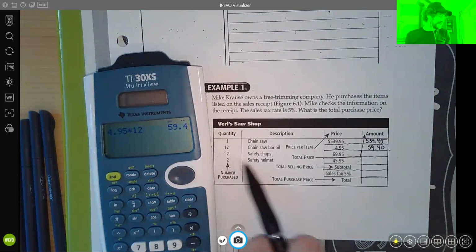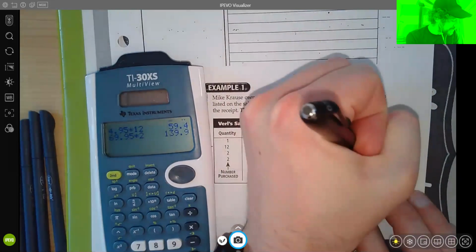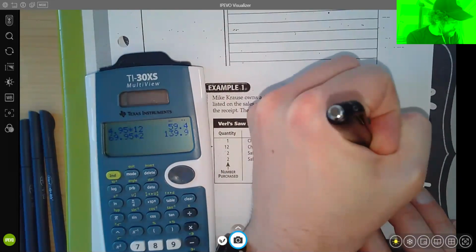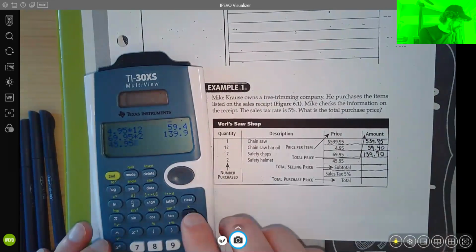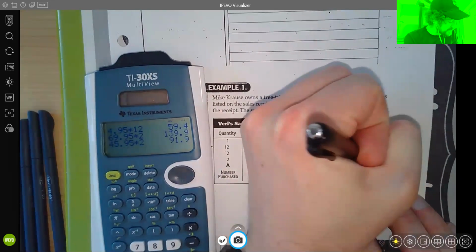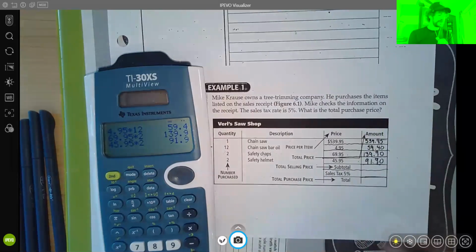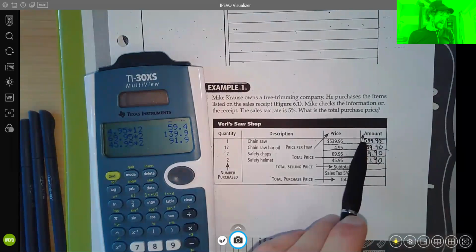2 sets of safety chaps, $69.95 each. So 2 of those is $139.90. And 2 safety helmets for $45.95 each. $91.90 for those. So the subtotal is just these added together.